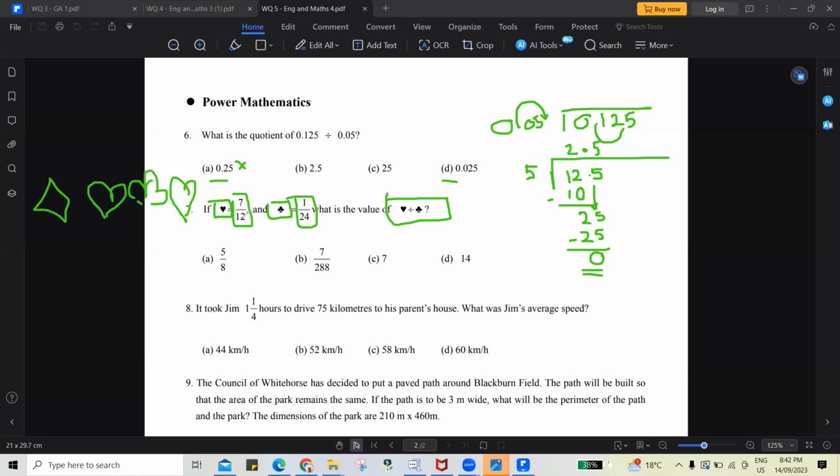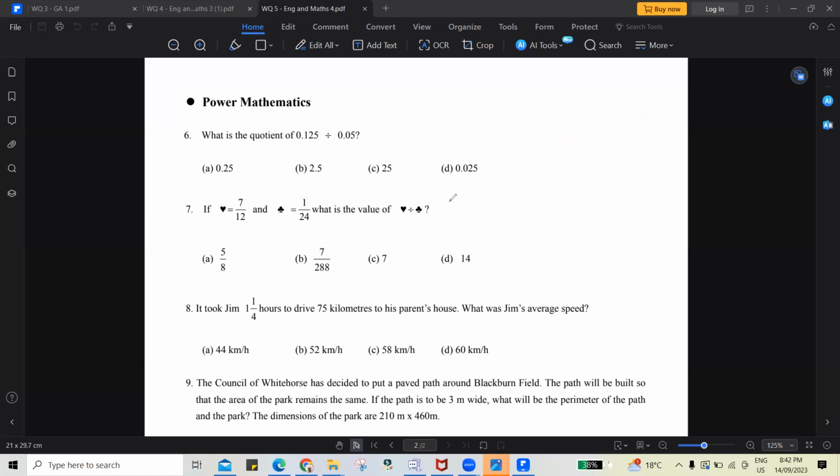Now instead of telling 7 over 12, they are telling this one divided by this one. How do you do that? Now, 10 minutes ago you learned fractions, all the operations. One of those.